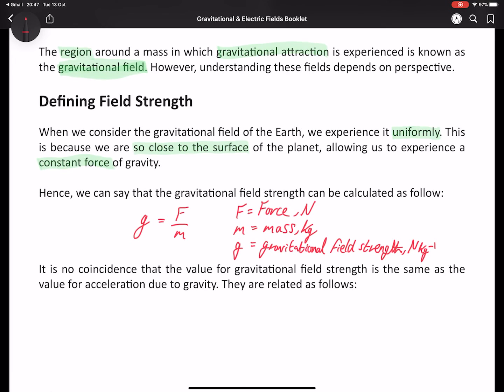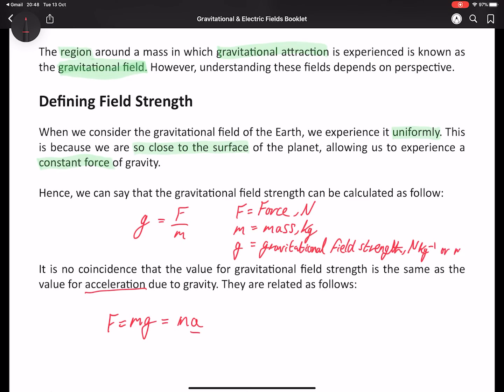But it's worth reminding ourselves of the link to something fairly basic, which is acceleration due to gravity. Now previously in the mechanics topic, we've seen that acceleration due to gravity is linked to the equation F equals ma. So we can see here that g, as we use it, is the same as acceleration.